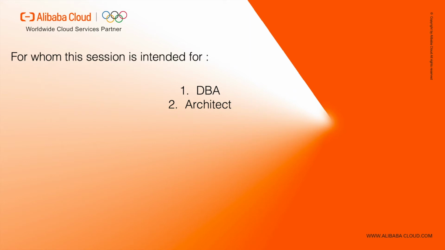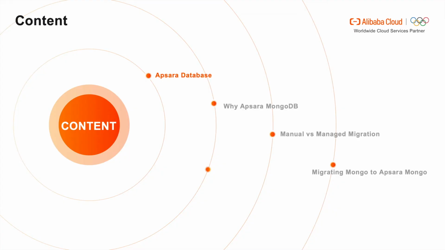So let's see what the agenda is for today's session. I will be showing you all the products which we have in Alibaba. I will not be going into the details of every one because this session mainly focuses on the migration part. Then we come to why you should choose Apsara MongoDB and what the different practices are.